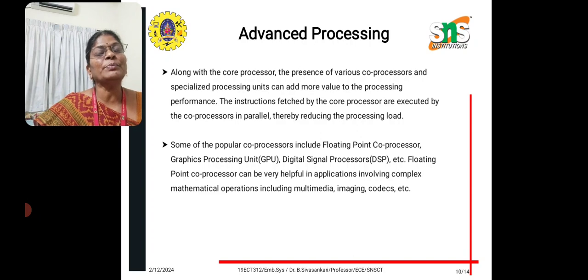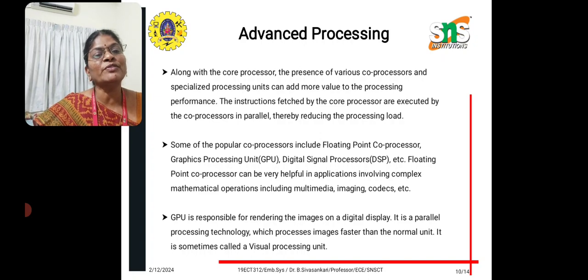Some of the popular co-processors include the floating point co-processor, the graphics processing unit, represented by GPU, and the DSP, digital signal processor, etc. A floating point co-processor can be very helpful in applications involving complex mathematical operations including multimedia, imaging codecs, etc. The GPU is responsible for rendering the images on a digital display. It is a parallel processing technology which processes images faster than a normal unit. It is sometimes called a visual processing unit.